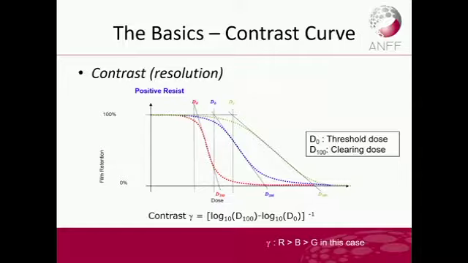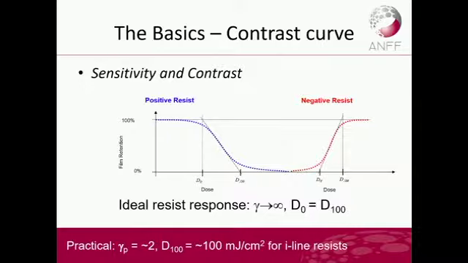Typically speaking, the contrast factor in photoresist is about 1 to 2. In the high-end industry, in e-beam, for example, the contrast is usually 6 to 7. The higher the contrast, the better the resolution you can actually achieve, because you want to be able to control the exposure precisely, so you have a much broader dose window for you to optimize your process.